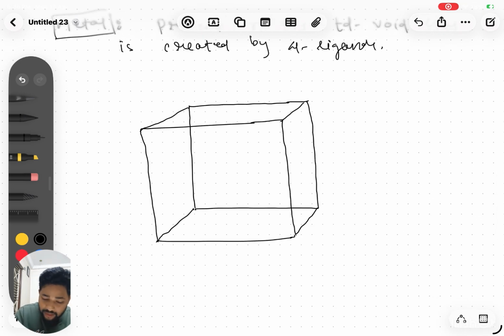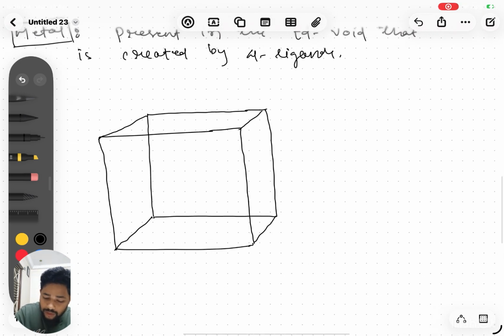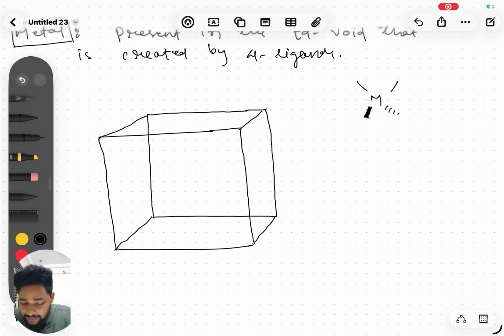Here we know the tetrahedral molecule looks like two bonds will be in plane and two bonds will be perpendicular to this plane. That is a tetrahedral molecule, right?